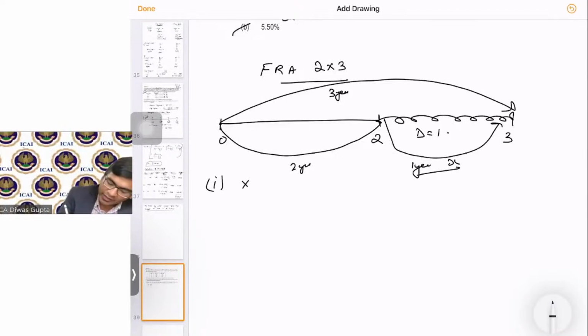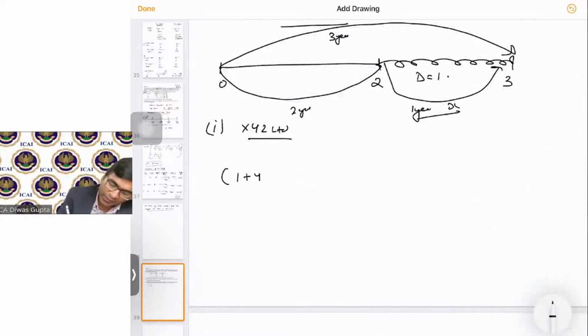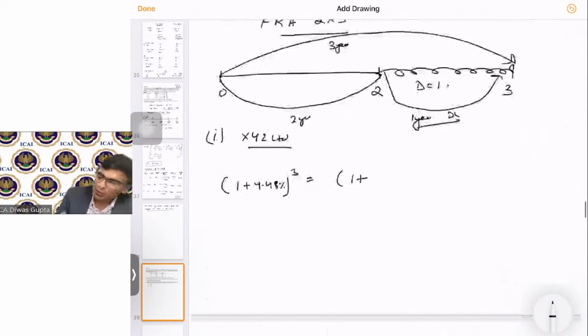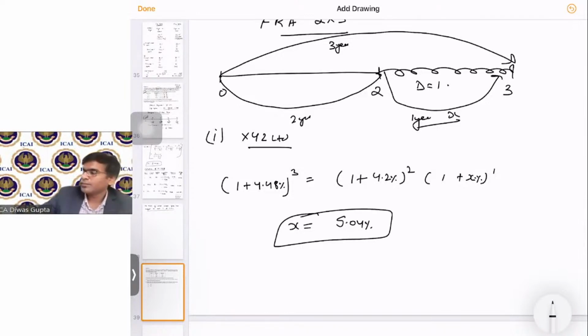So for XYZ Limited, what is the 3 years interest rate? (1 + 4.48%)^3 = (1 + 4.2%)^2 × (1 + X%)^1. So X comes as 5.04%. This is for 2/3.